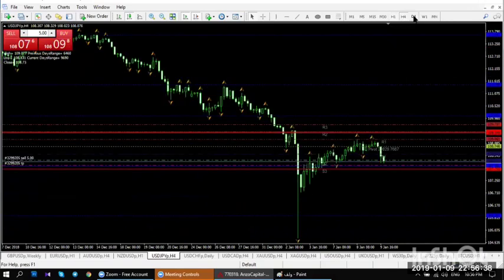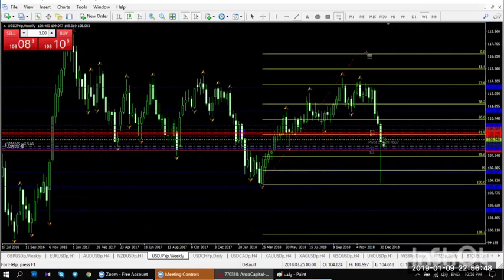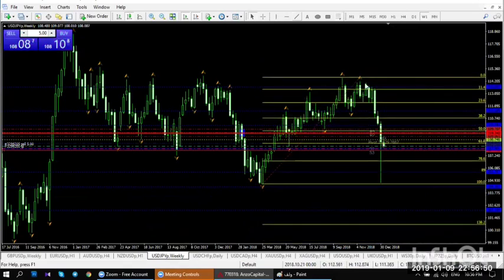Another more clear example is on the USD JPY chart. In here, if we draw the Fibonacci chart, you see this is our 78 level and it has an equivalent swing low.